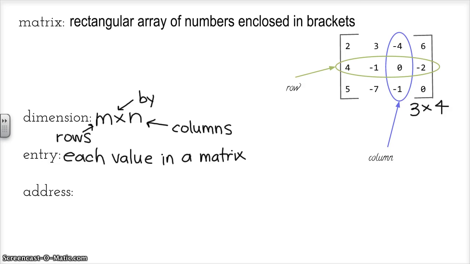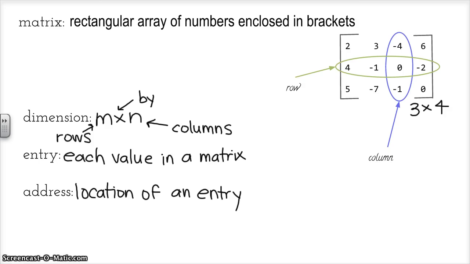And every entry has a specific address, and an address tells the location. It's the location of each entry. For example, the entry for -7 would have an address of 3, 2.